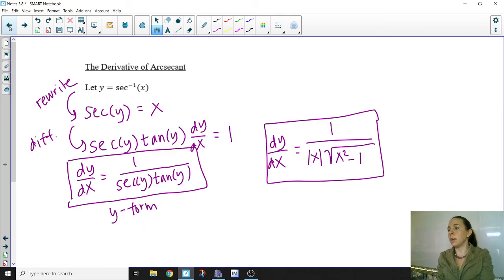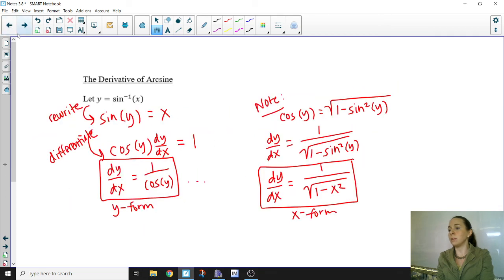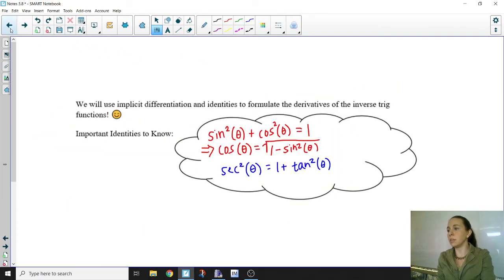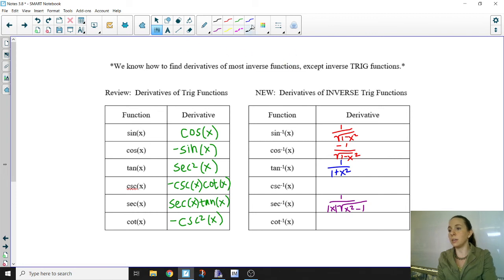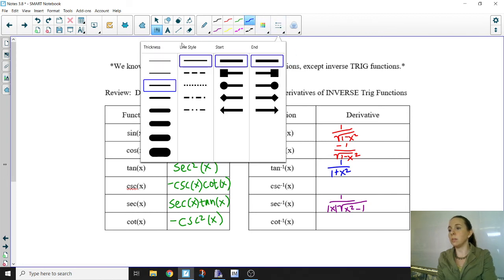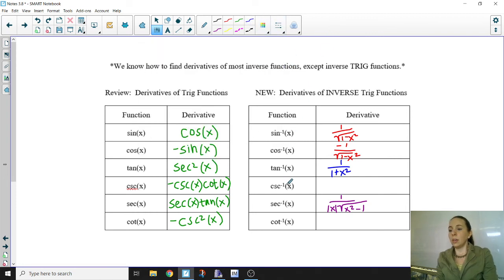All right, so let's finish up by writing those in our table, and we'll have our table done. Here it is. Let me go to blue. Sorry, these are in a weird order. Inverse cotangent of x is down here, and it goes with this one. So it's negative 1 over 1 plus x squared.